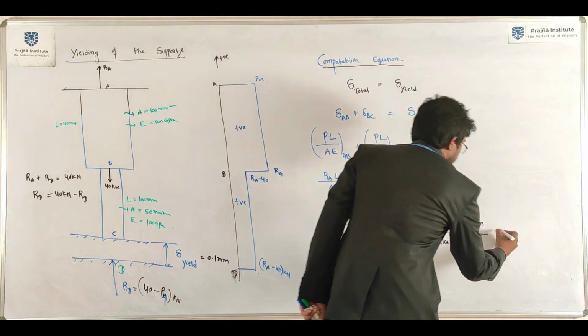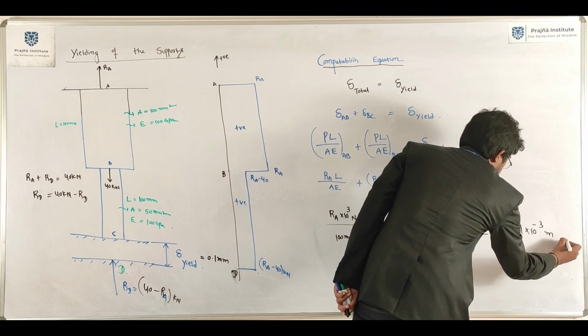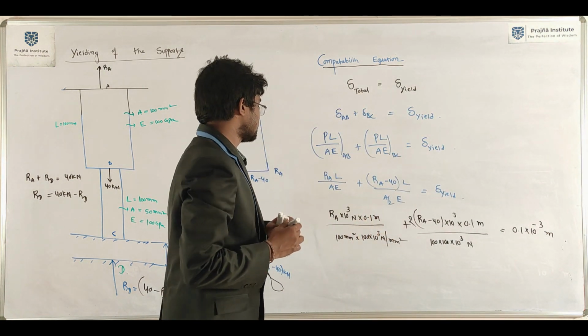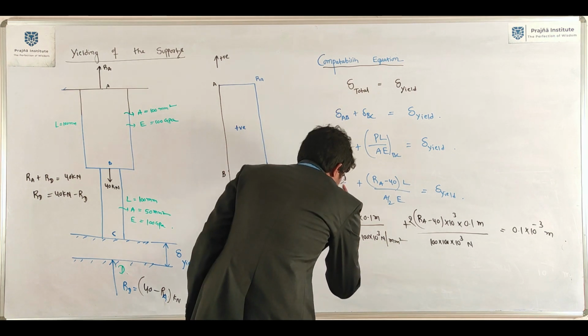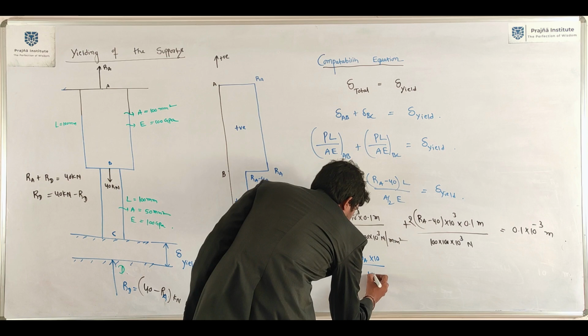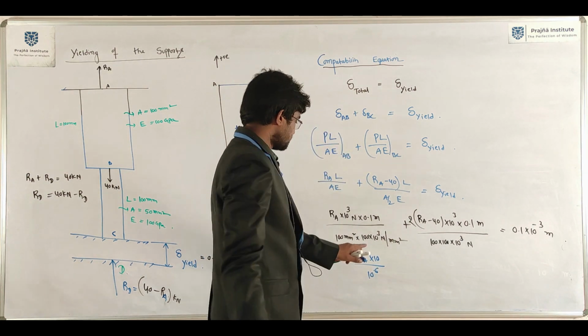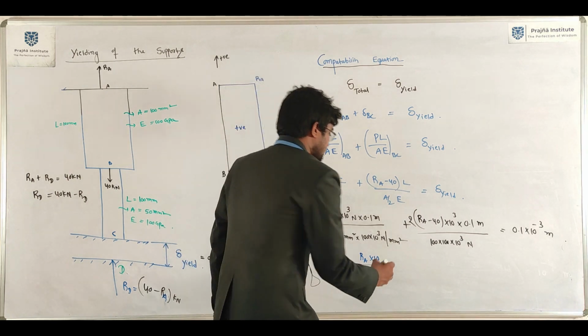Finally we will get Newton. It is 0.1 into 10 power minus 3 meter. Then what will you get, tell me? RA into 10 by 10 power 6, correct? 10 power 7.